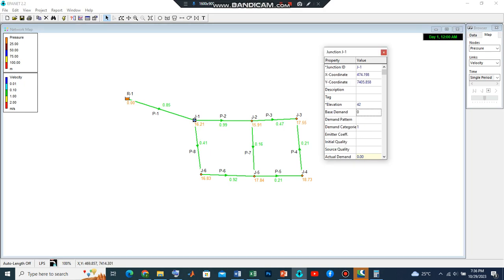Let's look at what happens when we reduce our elevation. Let's reduce to 39.